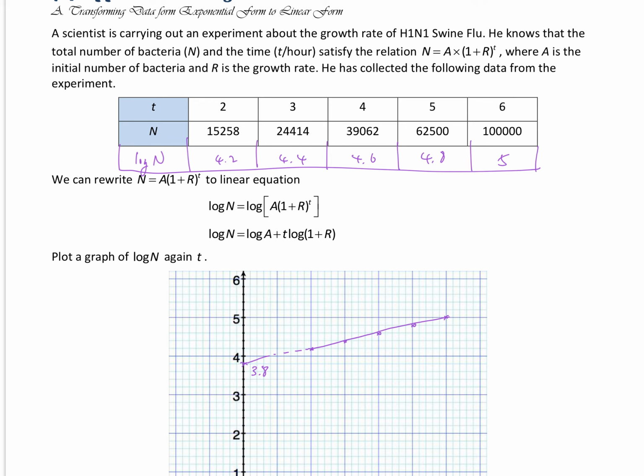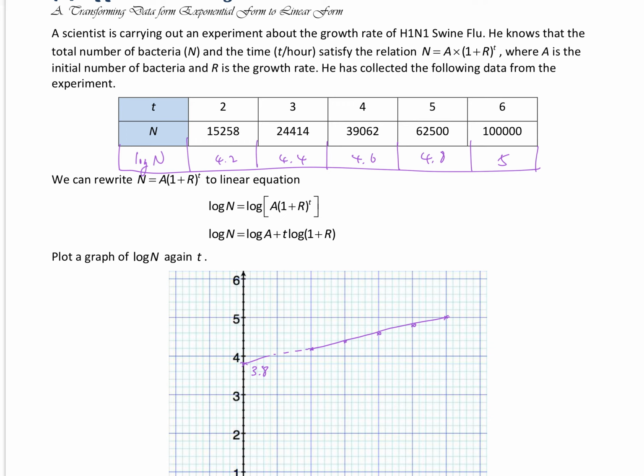You can see at the original, the independent variable is in the index position, so the graph is an exponential function. But after applying the logarithmic function on both sides, the independent variable from the index position, we can put in front of the log function. So this is a linear function.